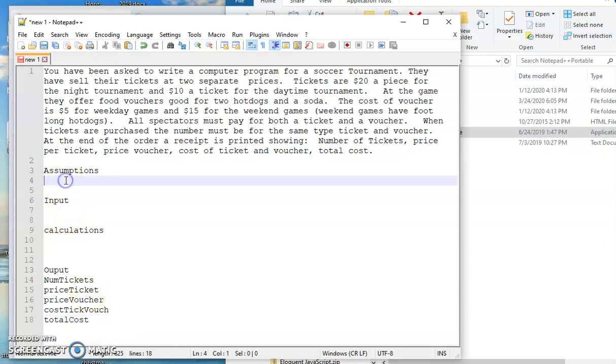Next thing we want to do is go up to assumptions, and you can see we have a 20, 10, a 15, and a 5. So we need to describe those here. Those are what we call constants. So the first one is the ticket prices.